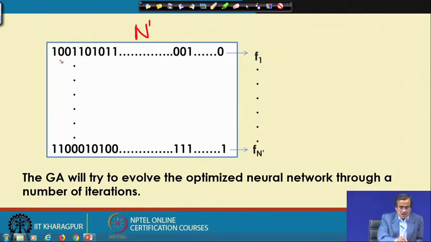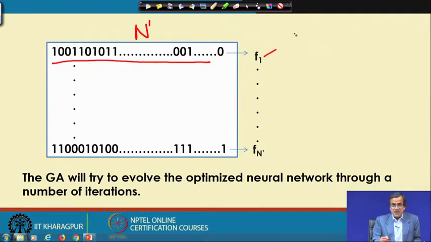Corresponding to the first GA string, I have got the fitness information, that is, the mean squared error in prediction. Similarly, corresponding to the second, third, up to the last one, that is n prime, I can find out the fitness.